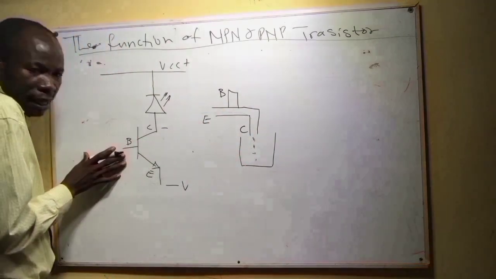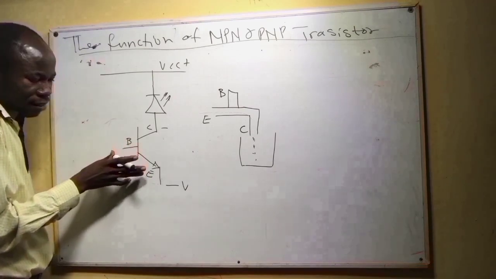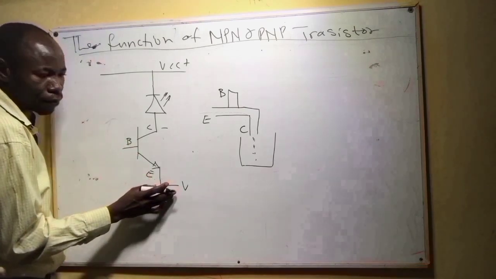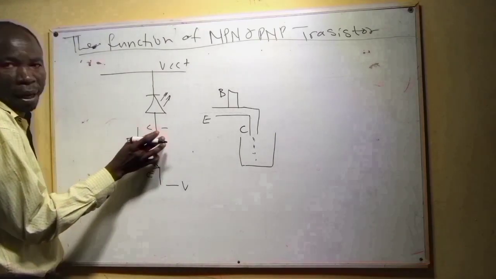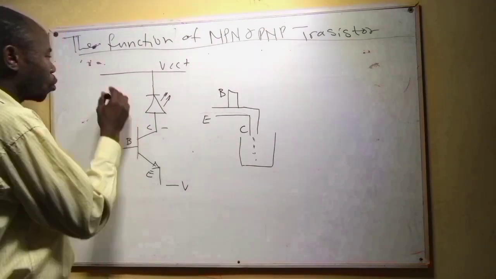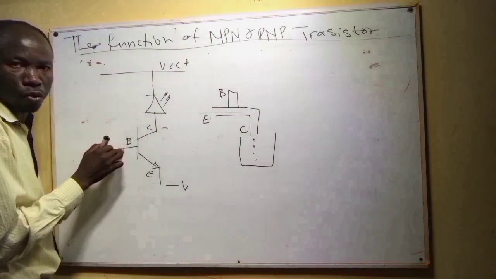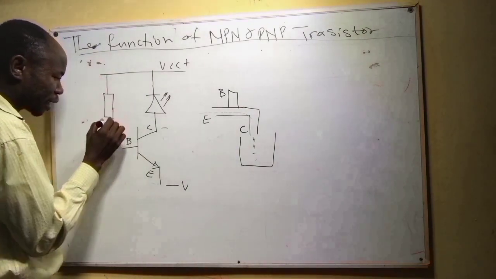The same here. The emitter of the NPN transistor receives the negative. Before it will release the negative to the collector, the base must be opened. So we will connect a positive to the base. So it needs a resistor.